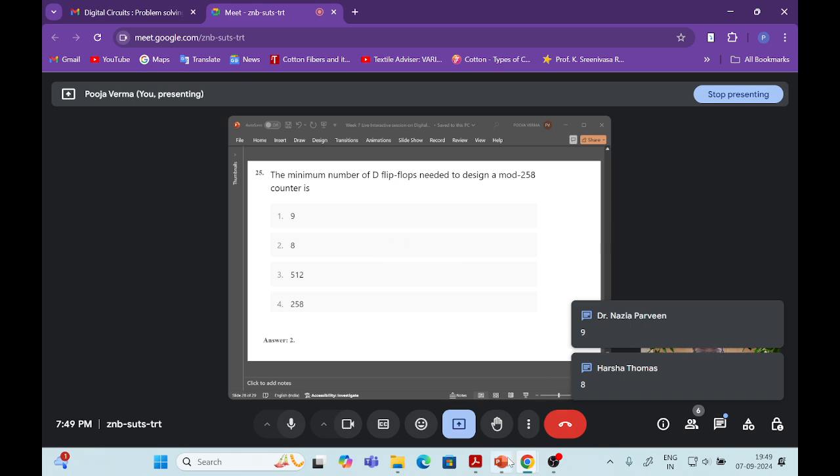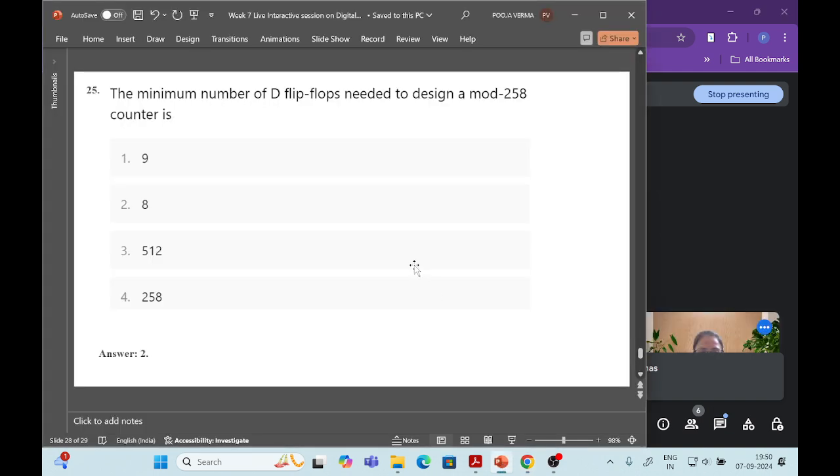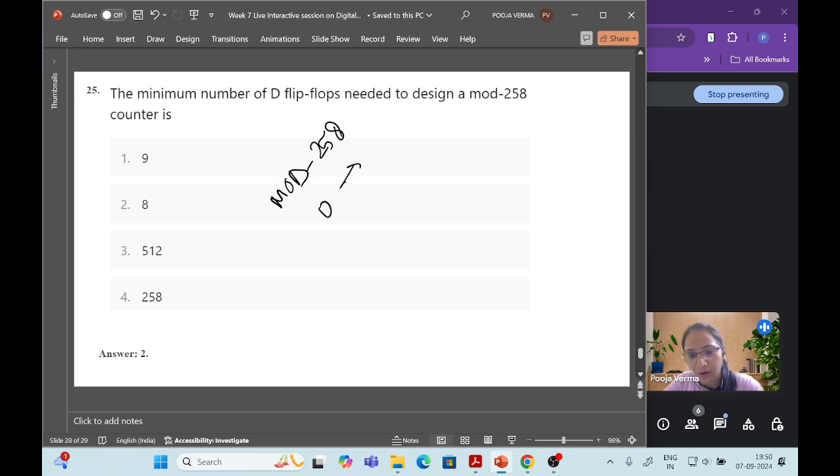Yes, it is 9, not 8. Because here we need to design a mod 258 counter. That means it will count from 0 to 257, right?